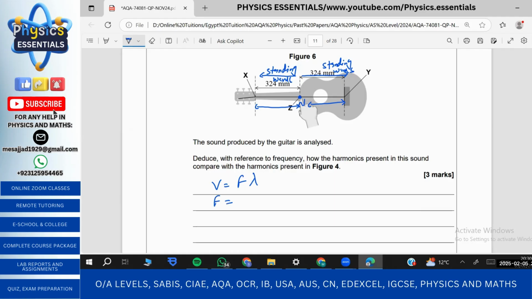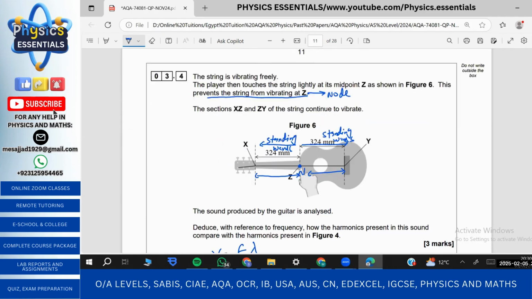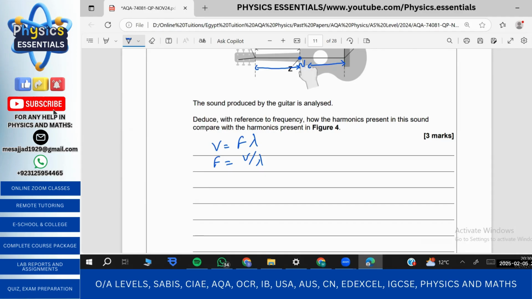Since V is constant here, we will just write F equals V over lambda, right? And usually we know that the length is equal to half of the wavelength for one complete harmonic. So if this is your length, then this is your half of the wave. So half of the wave equals length. But from here you get lambda equals 2L, right? So you have F equals V over 2L because you're just putting 2L as lambda.